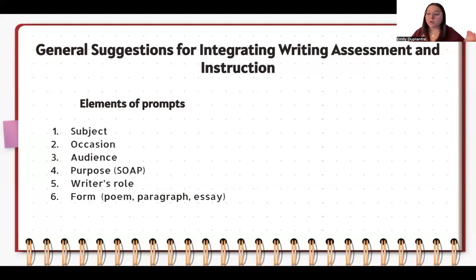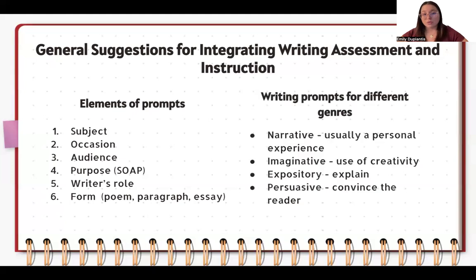So are they writing a poem, a paragraph, an essay, right? And when students know this and they know the criteria and they are very well informed on what is expected of them and what they need to accomplish to achieve that A or 100%, they will be a lot more successful. They'll have a lot more confidence in themselves as well.